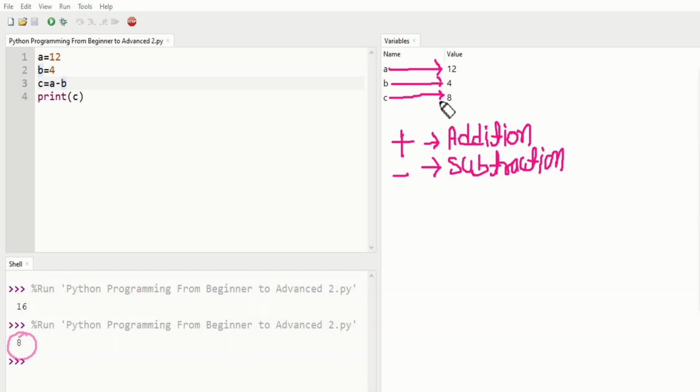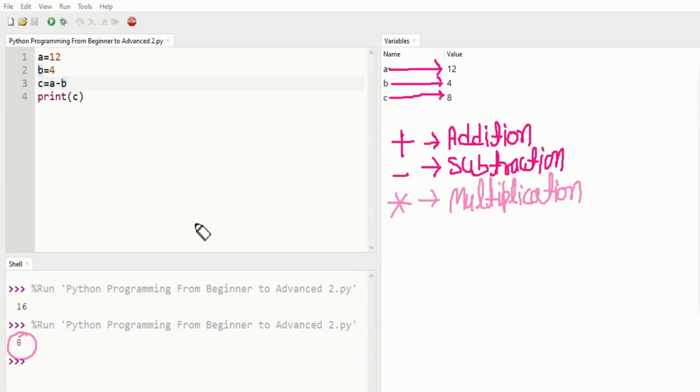Now for the third one I will use multiplication. So you will use the asterisk, or you can say star also. So that symbol is used for multiplication. This symbol is different from what you use in mathematics.